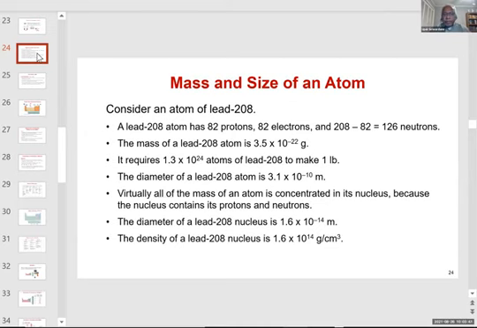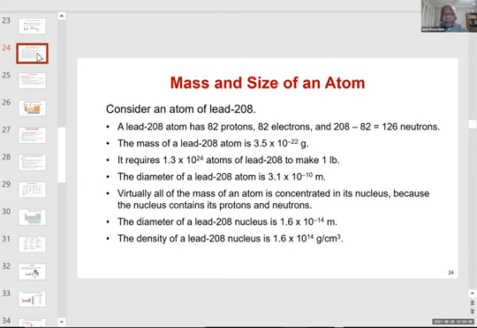Atoms of the same element with different masses are called isotopes. Lead 208 is an isotope with a total mass number, protons plus neutrons, of 208.